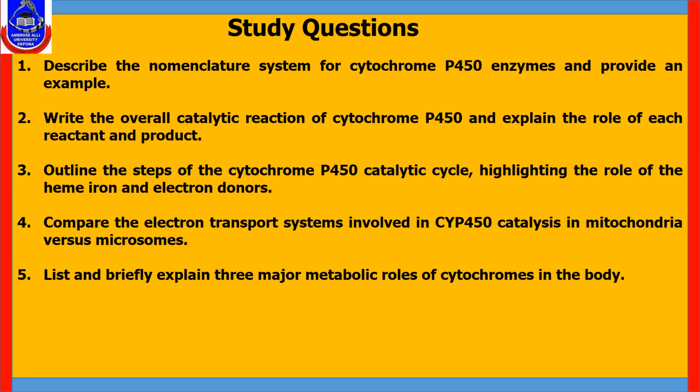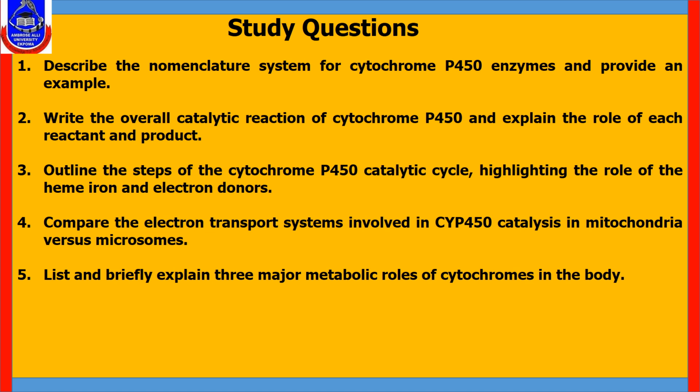My dear students, you may wish to test your understanding of the lecture presented in lecture 7 by describing the nomenclature system for cytochrome P450 enzyme and provide an example. Write the overall catalytic reaction of cytochrome P450 and explain the role of each reactant and product.